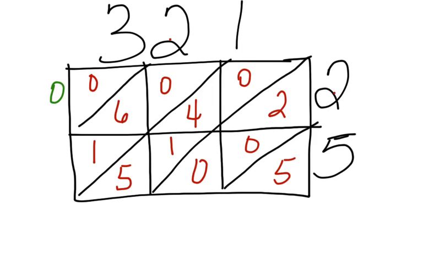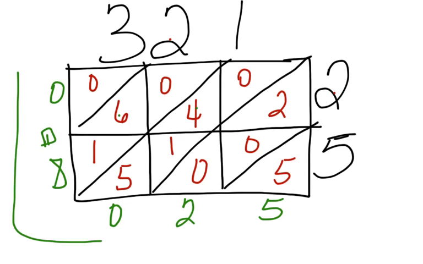So that's 0. 1 plus 6 is 7. And then 5 plus 4 plus 1 is 10. You bring 0 here and you regroup over to here, and that's going to now be 8. 2 plus 0 is 2, and then bring your 5 down.